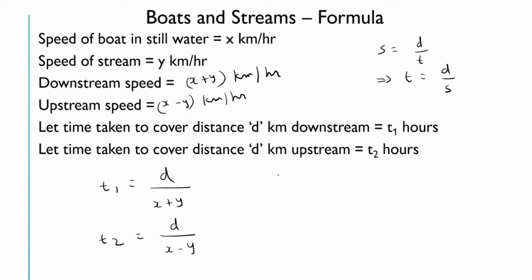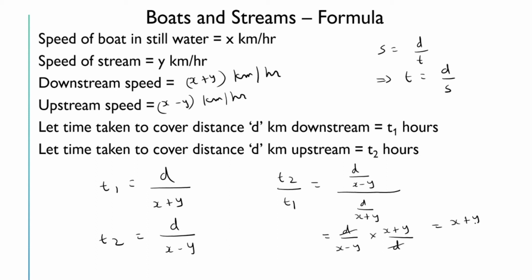So from this we can find the ratio of t2 to t1. So t2 by t1 is equal to d by x minus y, the whole divided by d by x plus y. So this is equal to d by x minus y into x plus y by d. This d will go. This is equal to x plus y by x minus y.